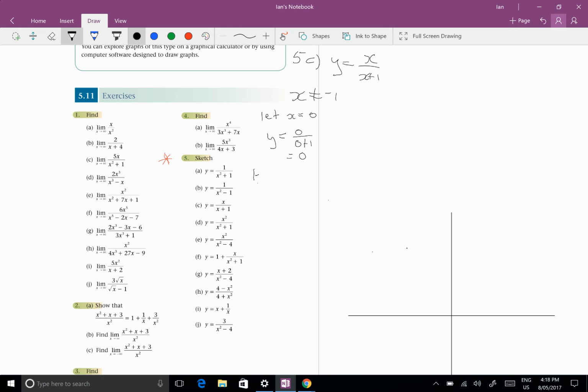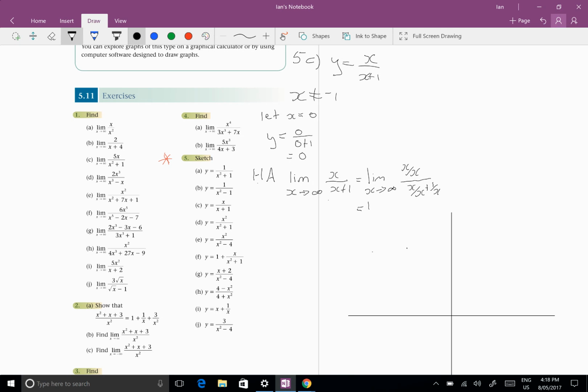HA, the limit as x approaches infinity of x on x plus 1. Well, that's going to equal the limit as x approaches infinity, divide by the highest power of x, which means I get x on x, all over x on x plus 1 on x.